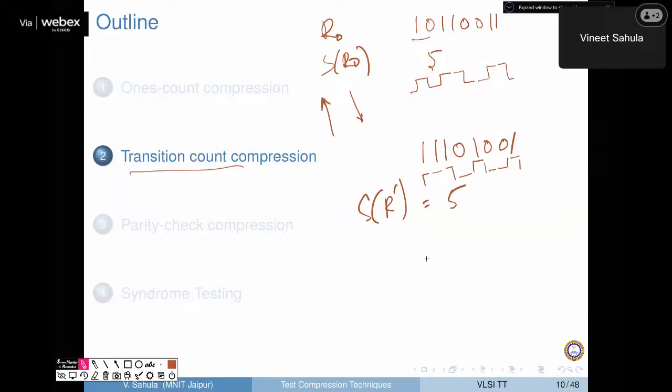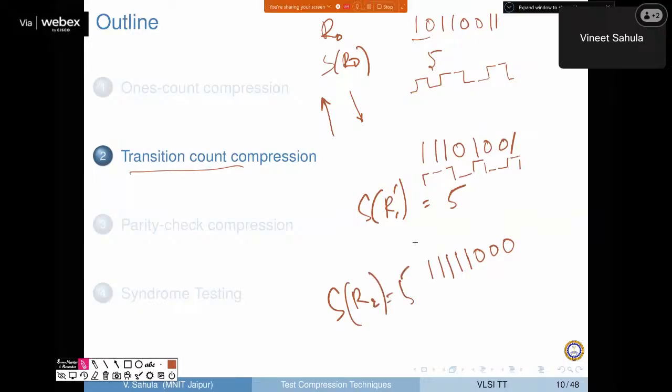If I get all 5 ones together with the rest 3 zeros, there is also another kind of faulty sequence with the same signature, 5. But the number of transitions there is less. The number of rising and falling edges is 2 only here.